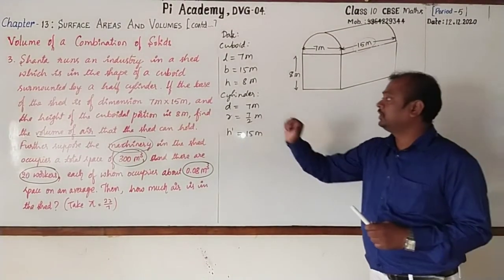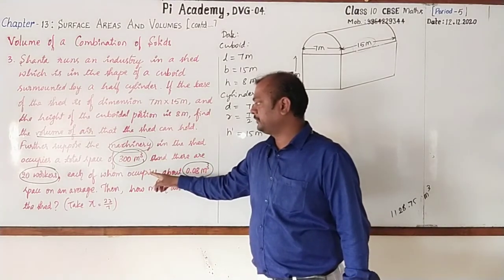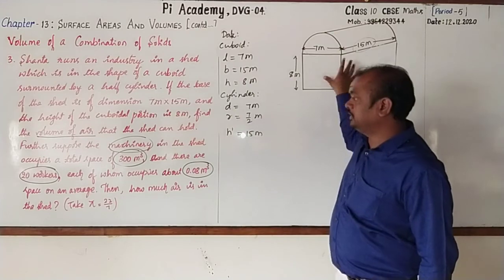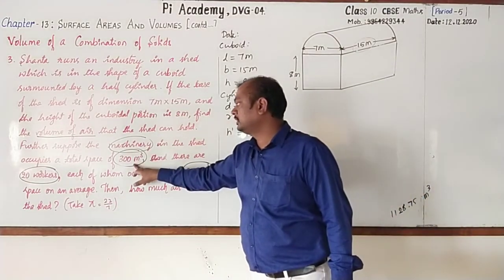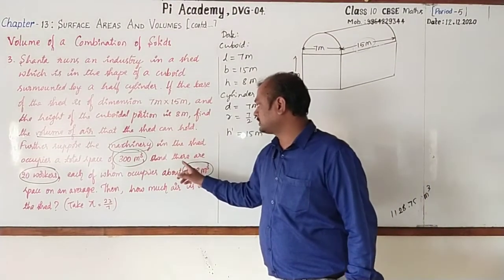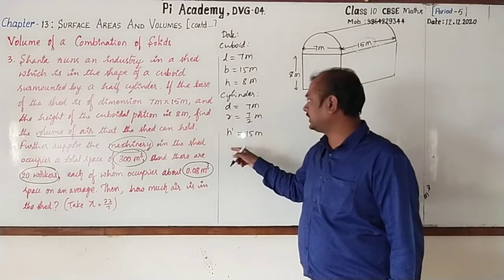Next, we have to find out the volume of the air inside the shed. If the volume of the machines is 300 meter cube, it should be written in the data, as well as volume of 20 workers. So you just go for writing in data as well.